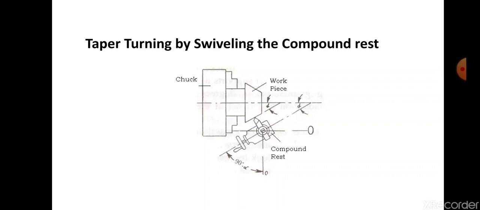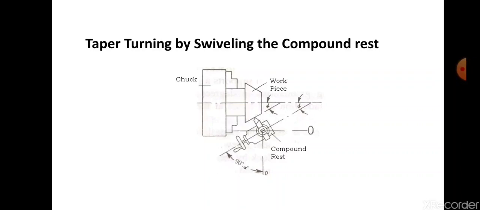In plain turning, as I have told you earlier, the diameter of the workpiece is reduced uniformly throughout. That means if the length of the specimen is L, and you perform a turning operation and reduce the diameter, let's say the initial diameter was 22 and you had to reduce it to 20, then after the turning operation, if you measure the diameter at any point over the length of the workpiece, it will be 20.